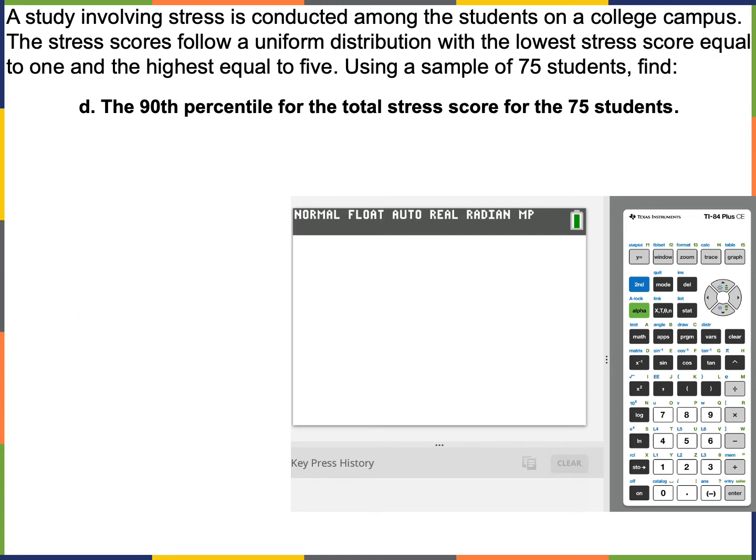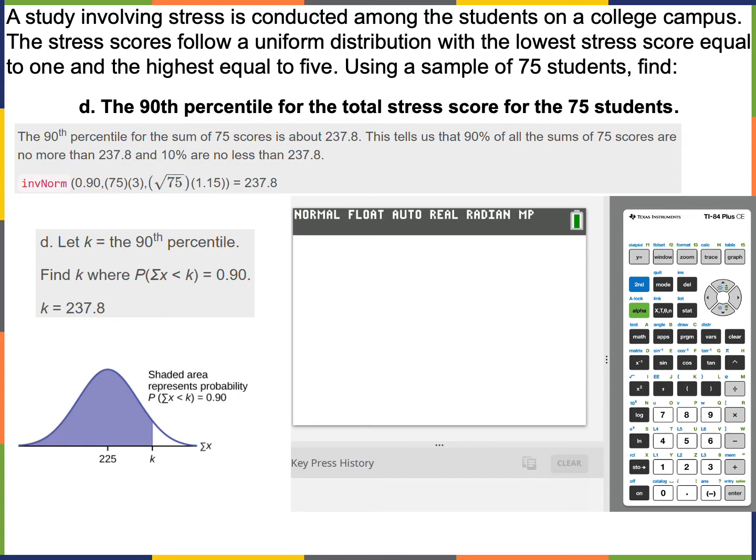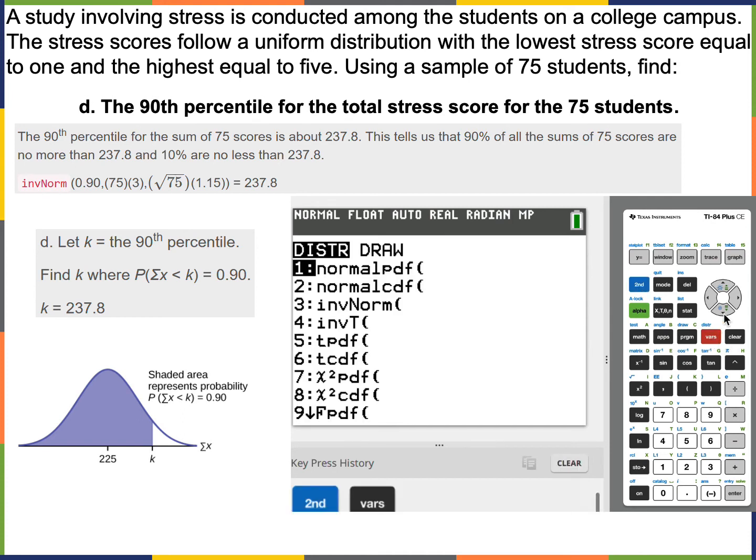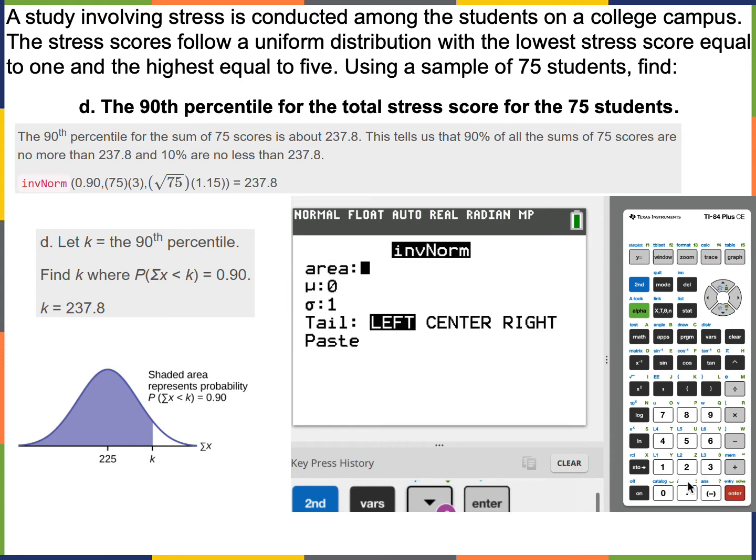All right, so same situation, except now we want the 90th percentile for the total stress score. So we're finding the 90th percentile, but now we're using CLT for sums. Okay, so we're basically doing inverse norm, 90th percentile, right? You're using the CLT for sums, 75 times 3 is your new mean, and square root of 75 times 1.15 is your standard deviation for the sums, okay?